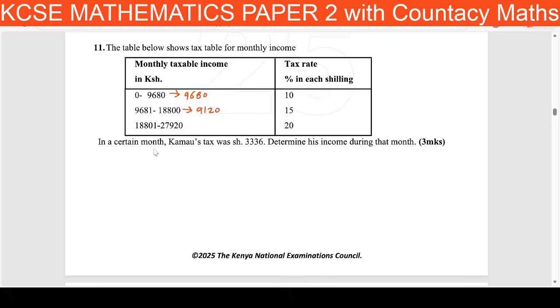So we are told that in a certain month, Kamau's tax was shillings 33.36. This is the tax. Determine his income during that month. So for this amount, how much tax was paid? Let's find out. So for the first part, that is part one.